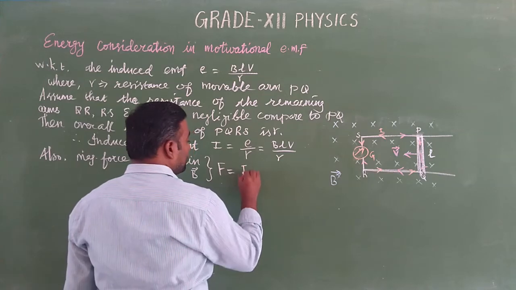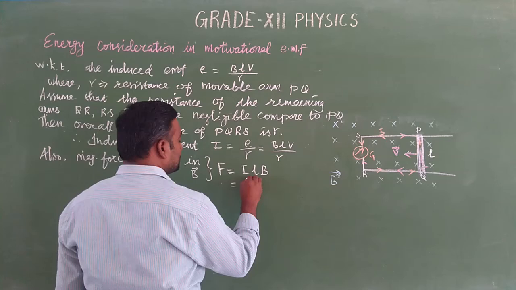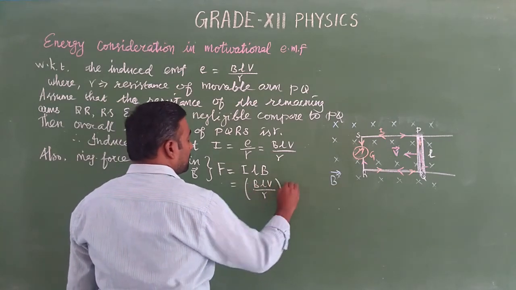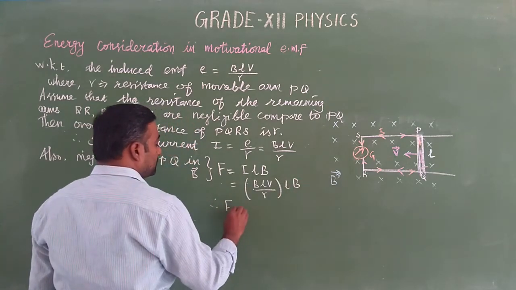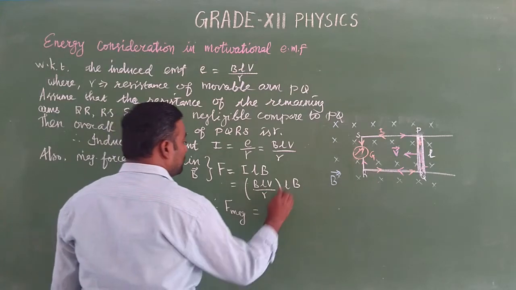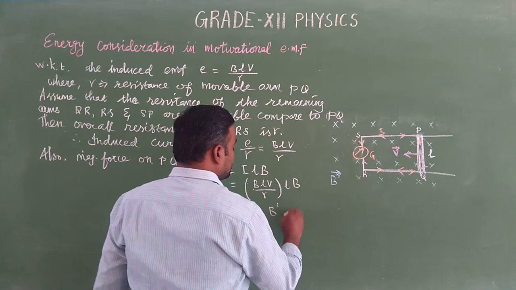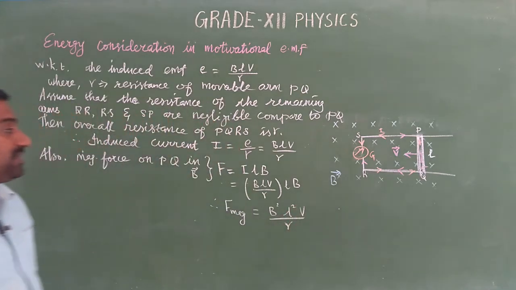The value of I we already know: I is BLV by R, into LB. Therefore, the magnetic force on the movable arm is equal to B square L square V by R. So this is the magnetic force we have found.